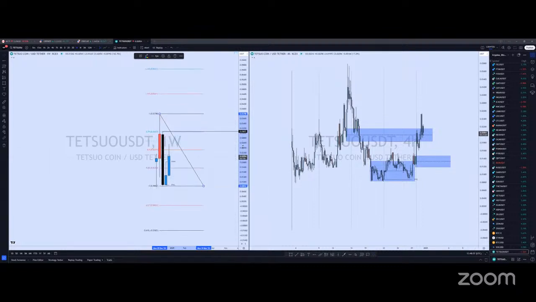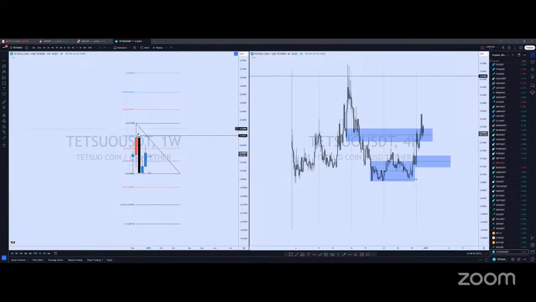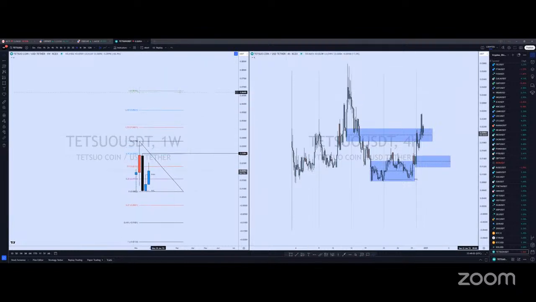So if they can't go above that down candle, then we'll be looking at 0.067. That'll be the next upside objective. If they can go above the down candle here, then 0.06764, that will be the next upside objective.